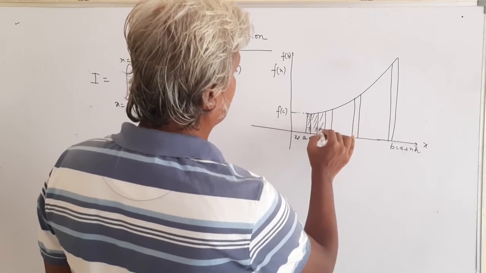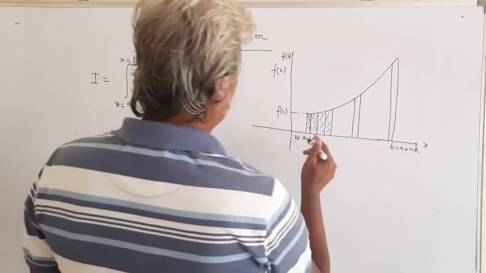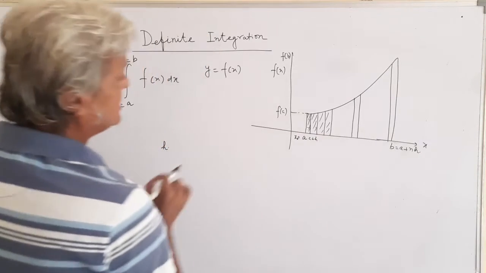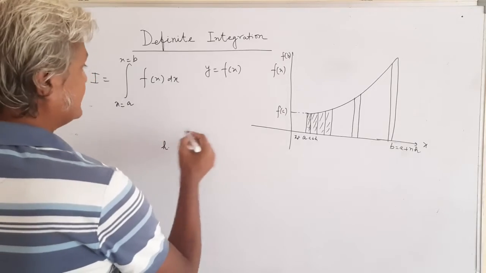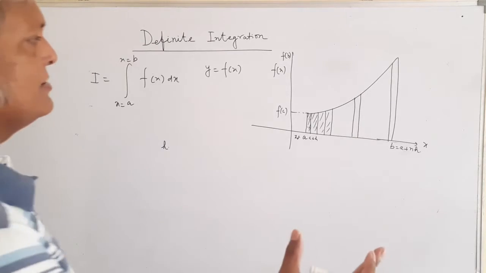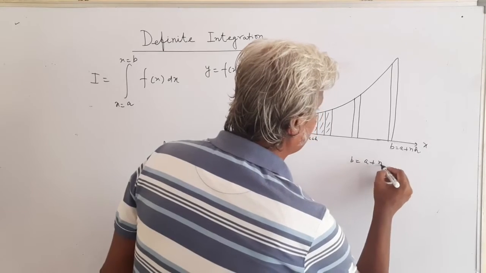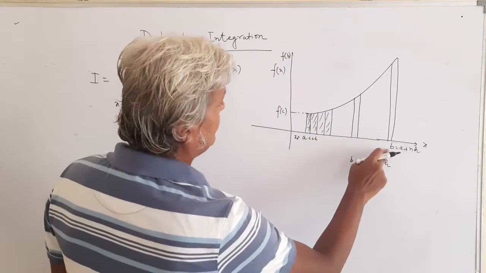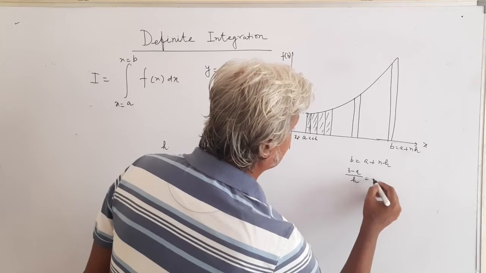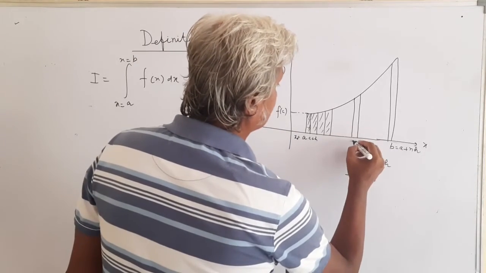So we have n strips here, and if you add up the area of each strip, then you will find the area of this whole graph. Now the area of the first one is h, which is the width, times the height of the function. Here you see that b equals a plus nh, means the upper limit minus the lower limit, b minus a, divided by h, is n, where h is the width.